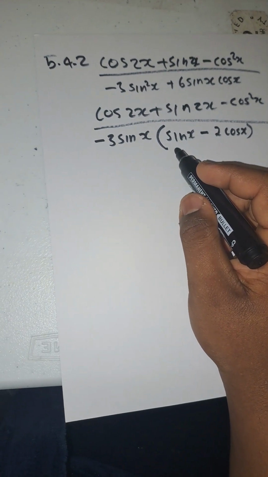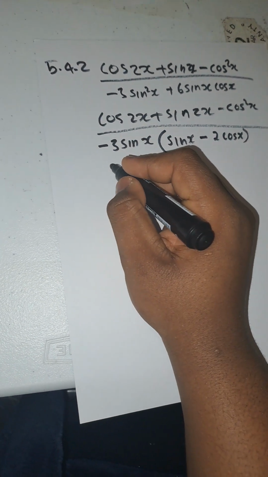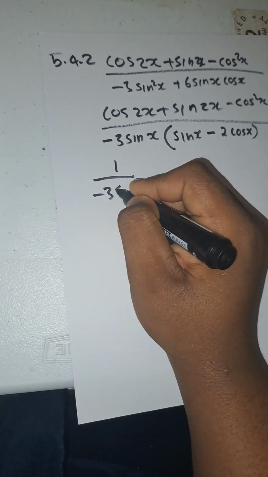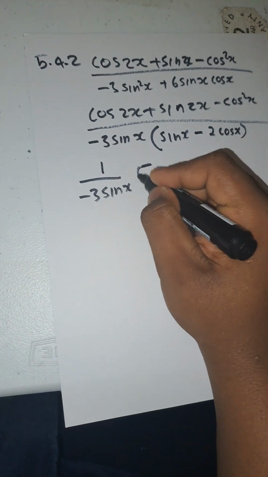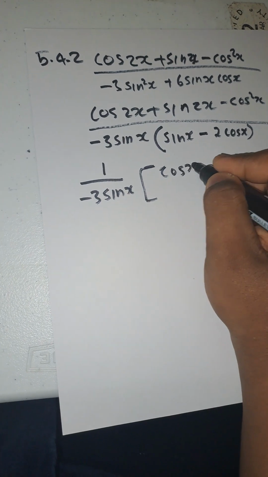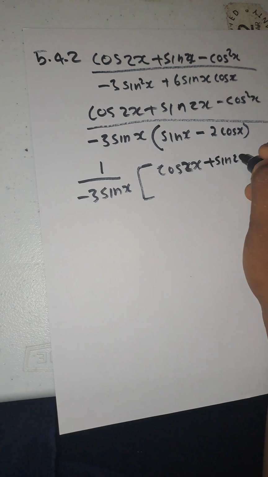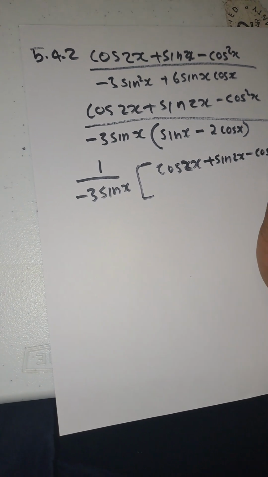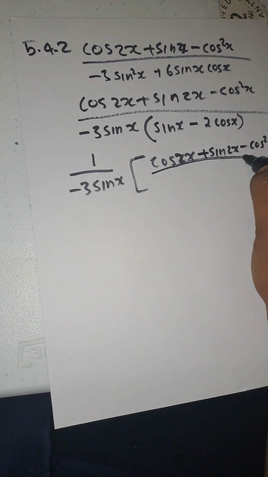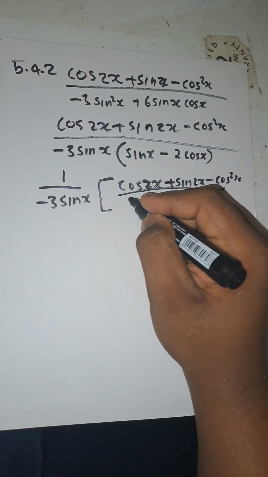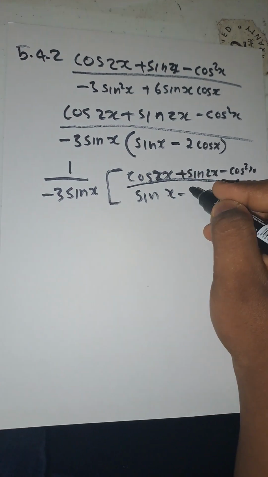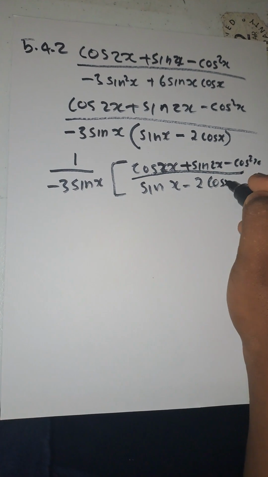Now let's factor out this negative 3 sin x. It will be something like 1 over minus 3 sin x times cos 2x plus sin 2x minus cos squared x over sin x minus 2 cos x.